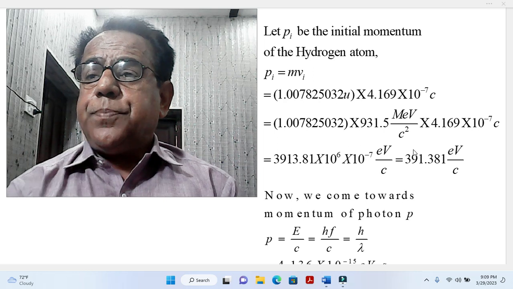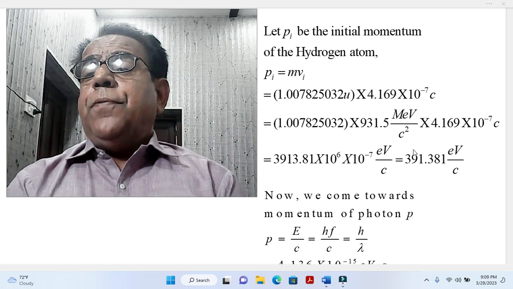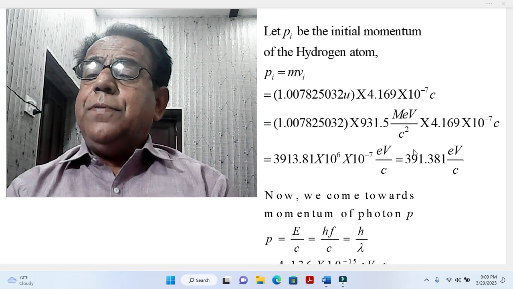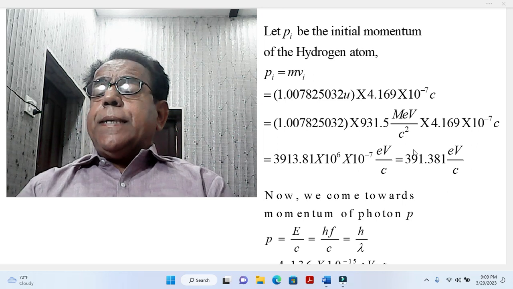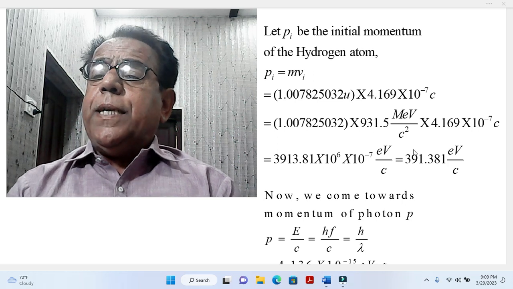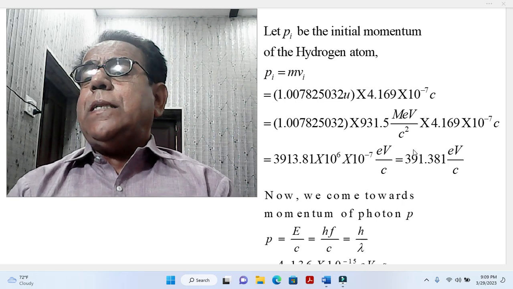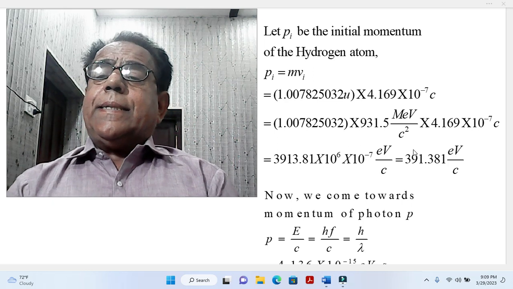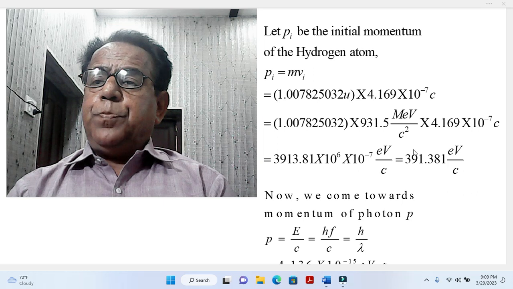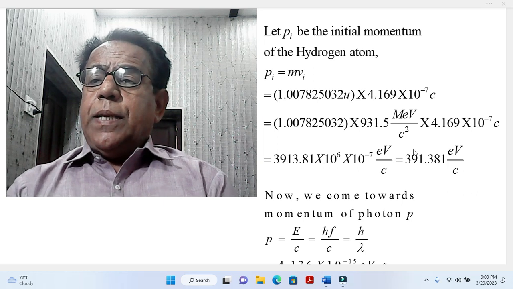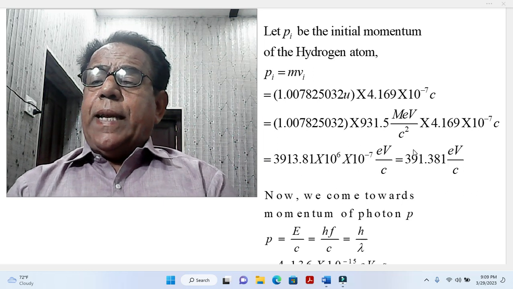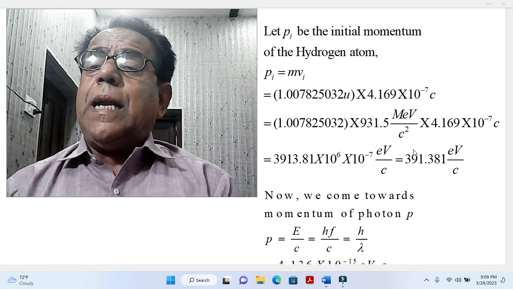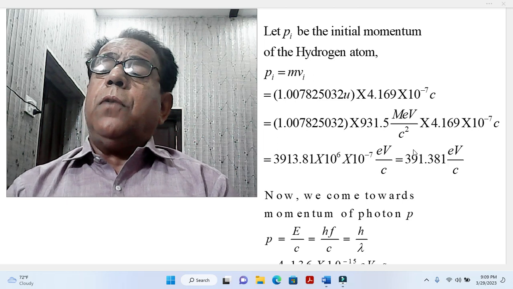Okay, now what will be the next step? In the next step one c will be cancelled with c. In the denominator there is c square, while in the numerator there is a single c. So one c will be cancelled out, and in the next step, dear students, first we have converted million electron volt into electron volt.